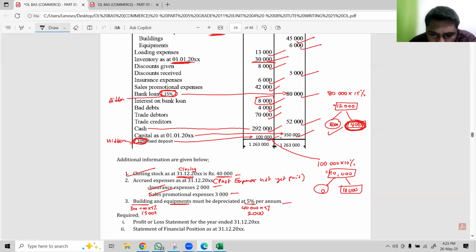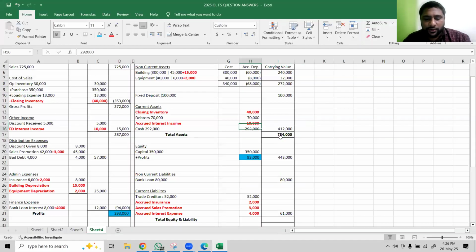Change the cash amount to 109, 19. So here also I change the cash amount to 19.